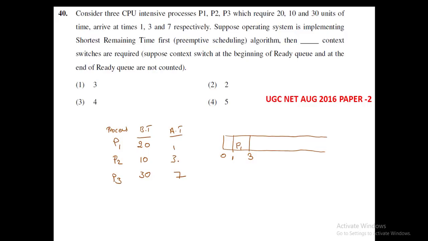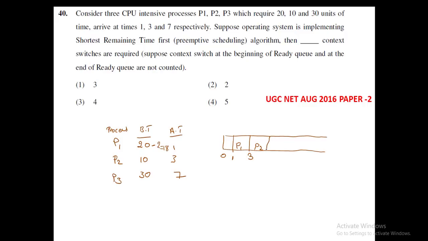At time t equal to 3, process P1 has already completed its execution up to 2 milliseconds, so the remaining is 18. And the process P2 CPU burst time is 10. Among the values 18 and 10, 10 is the smallest, so we can schedule the process P2 to the processor.